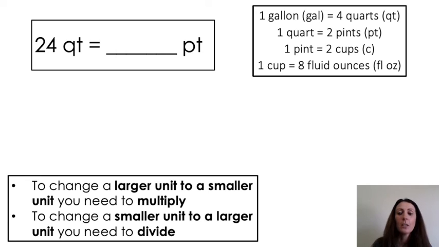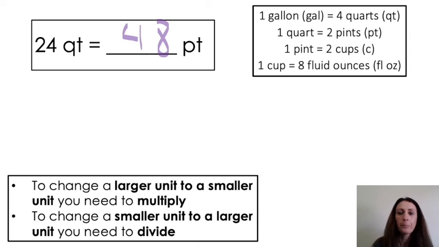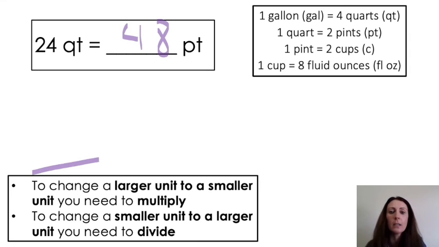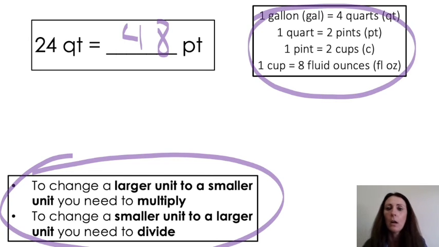All right, so you should have gotten as your answer 48 pints. And you got that because if you look at our chart down here, you're moving from a larger to a smaller unit, right? Quarts are larger than pints.